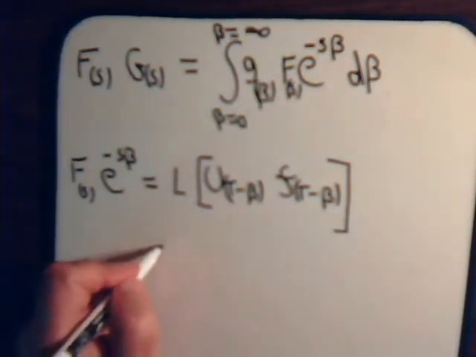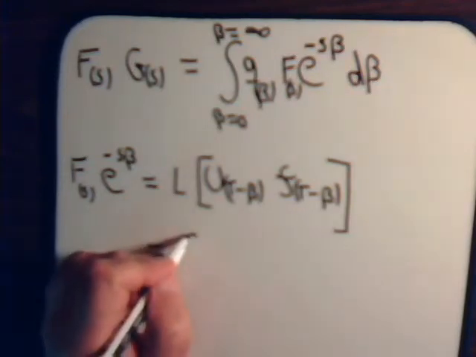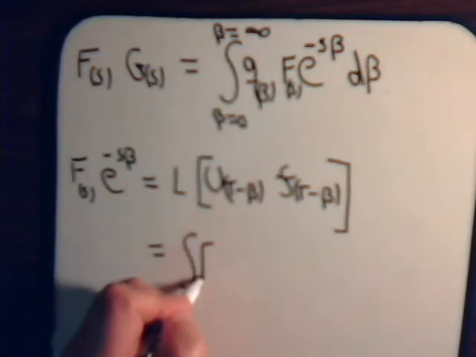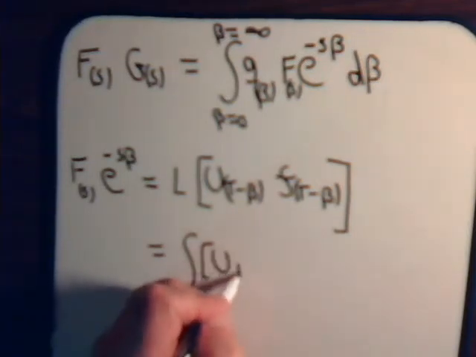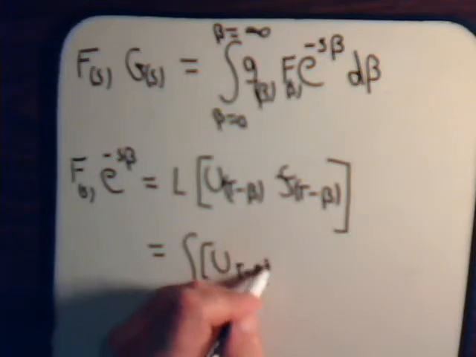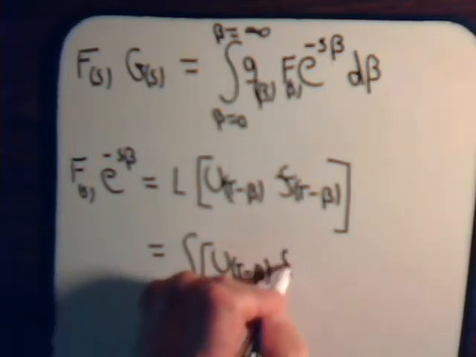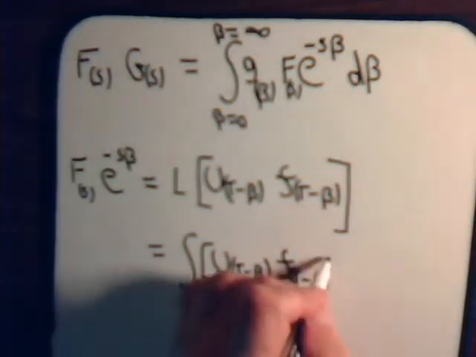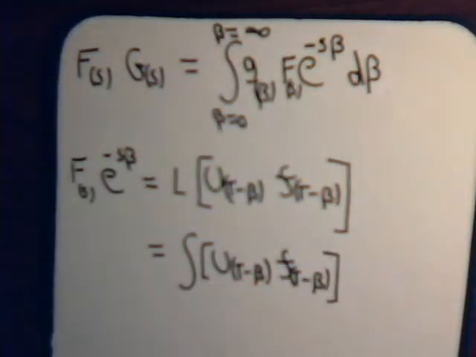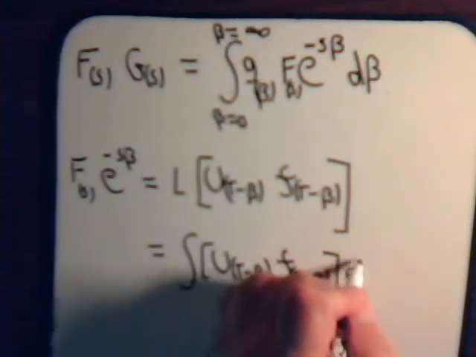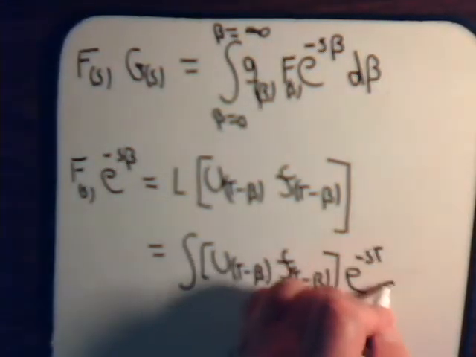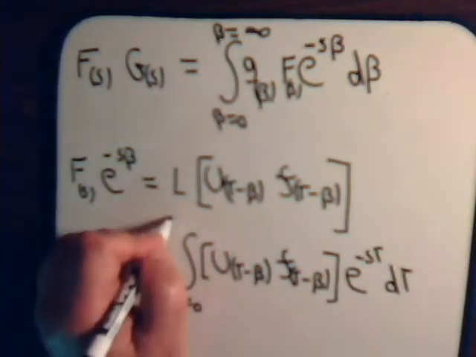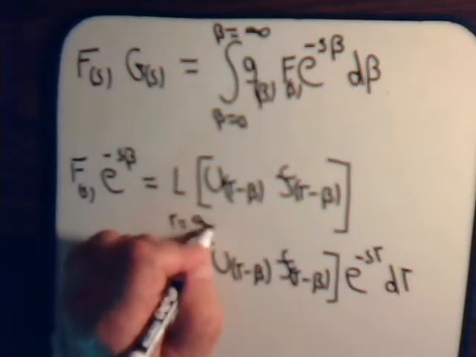This equals the integral of this together times e to the minus st dt. t goes from 0 to infinity.